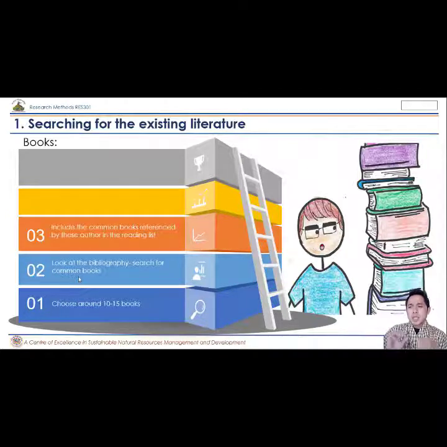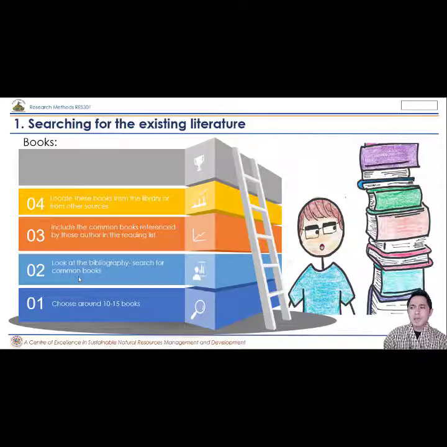The most common books, try to choose those and add them to your list of references. Those common books between the 10 to 15 books that you have just chosen in the first stage must again have very good content on the specific topic that you're looking for.